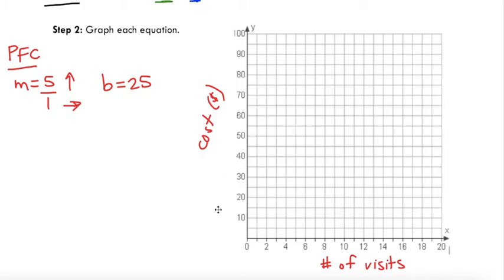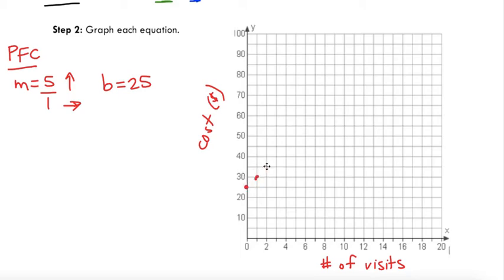My x goes up by 1, so 0, 1, 2, 3, 4. My y goes up by 5, so I have to take that into consideration. I'm going to start by plotting my y-intercept at 25. From here, I need to go up 5, but that's only one line in my graph, and then over 1. So up 5 over 1 is right there.